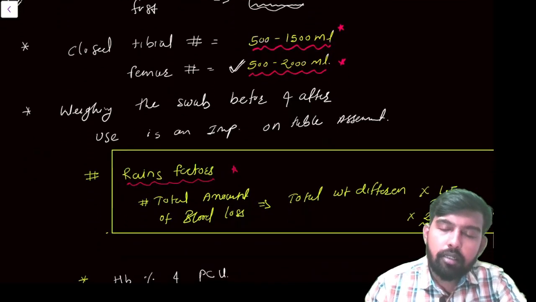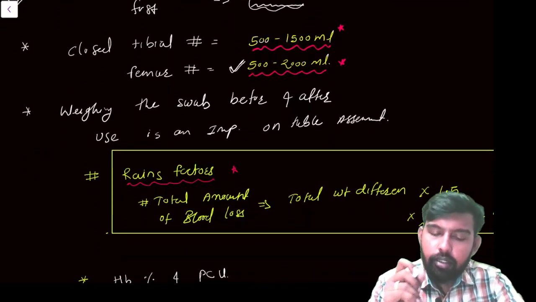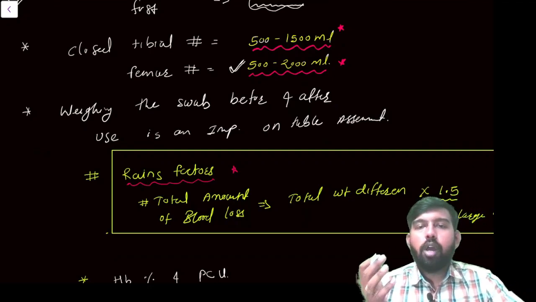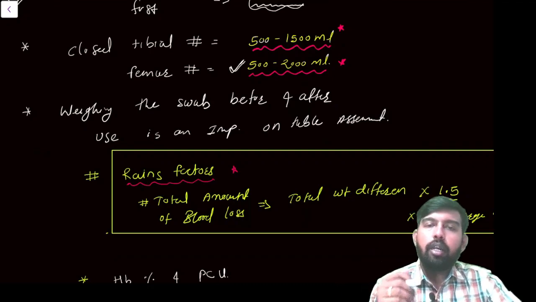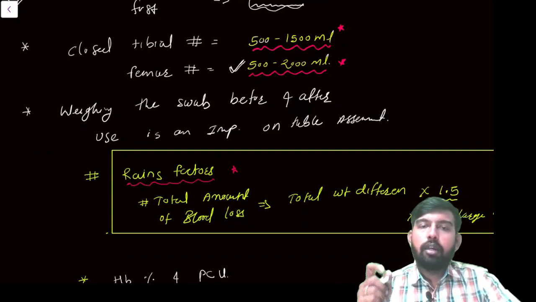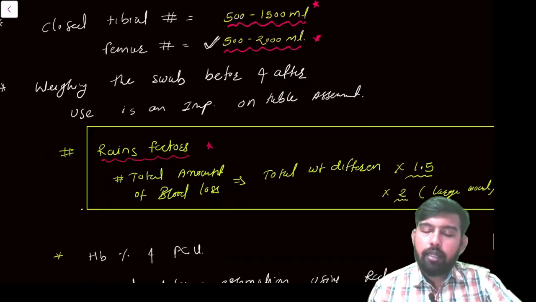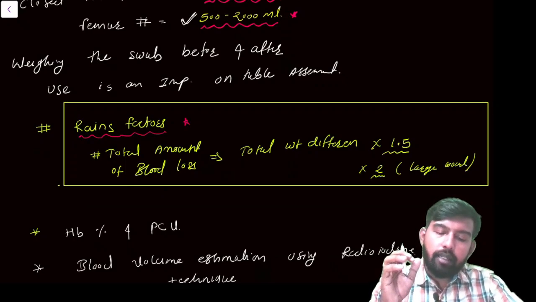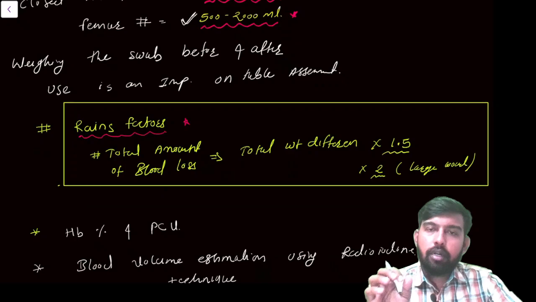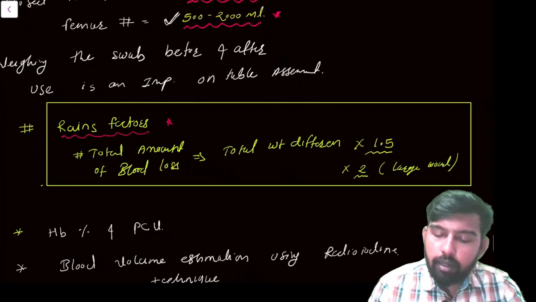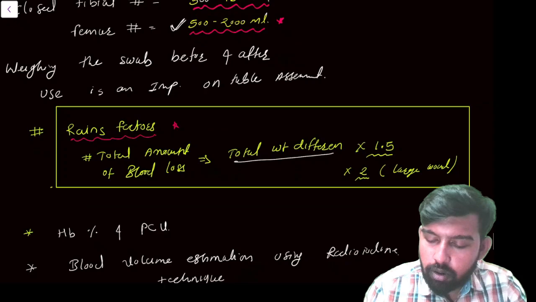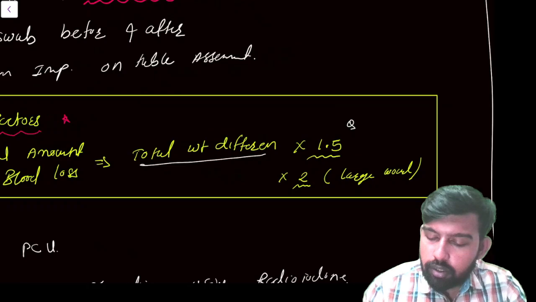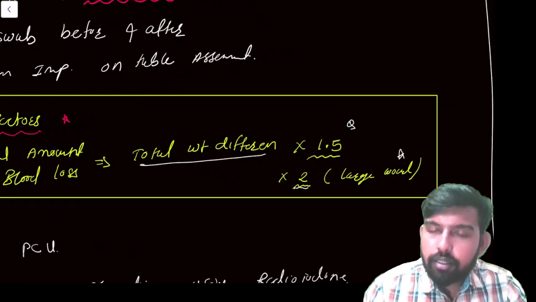And there is another method during surgery: weighing the swabs or mops before and after use. This is calculated by the Rains factor: total amount of blood loss is equal to the total weight difference of the mops multiplied by 1.5, or 2 in case of a larger wound.